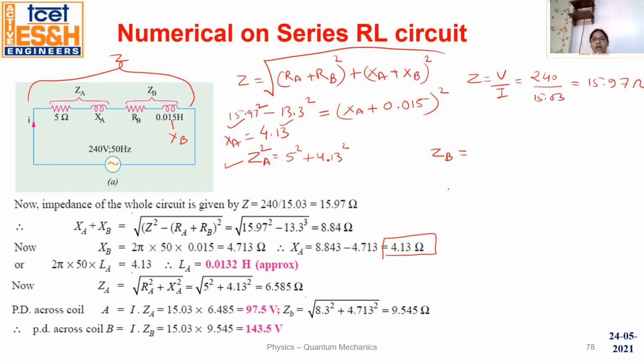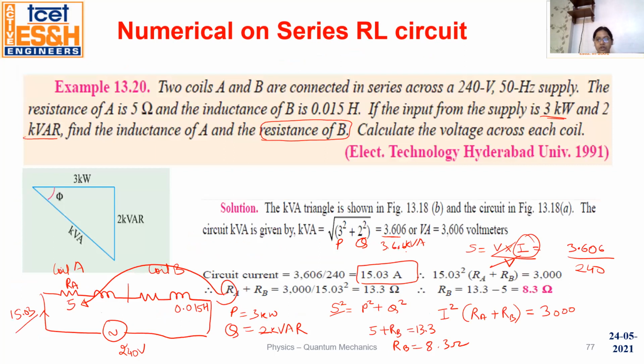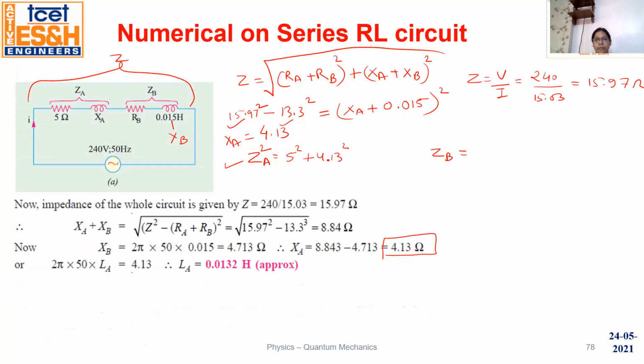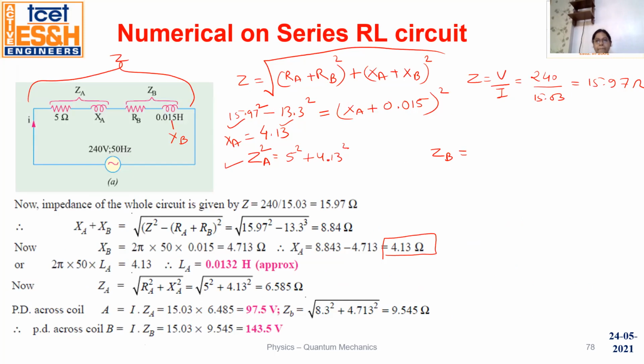RB has the value of 8.3. See here in this diagram, this is the 8.3. So 8.3 square plus XB, XB is given 0.015, square, and this is square. From this you find ZB.